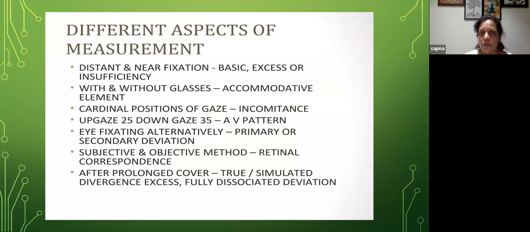And then once we remove the patch, we should not allow the child to have binocular fusion. As you're taking out the patch, you should cover the other eye, and before the fusion develops, you have to take the measurements. This is a fully dissociated deviation measurement you have to take, and that will be your correct measurement. If that matches with your initial measurements, then fine. Otherwise, this will be your final measurement.